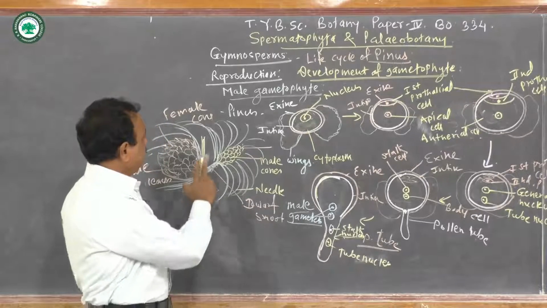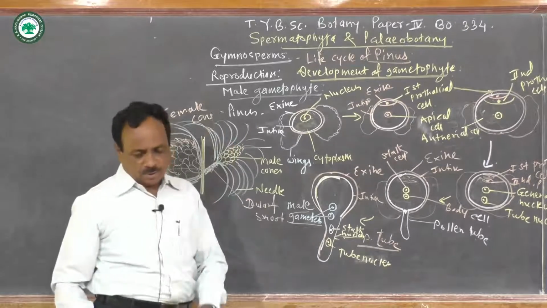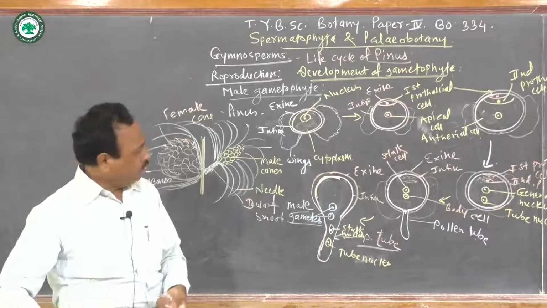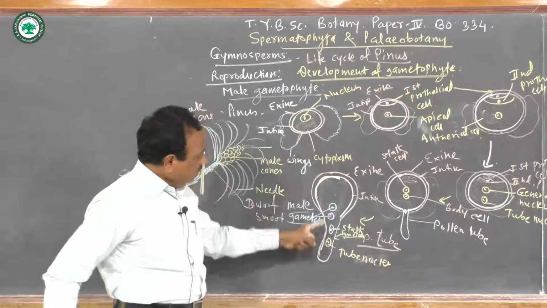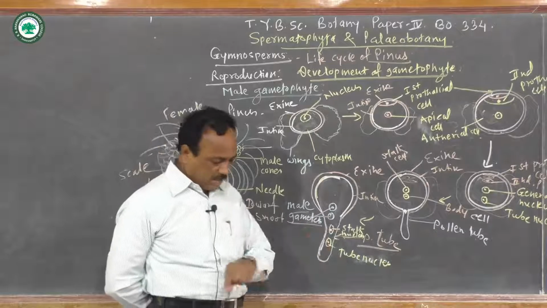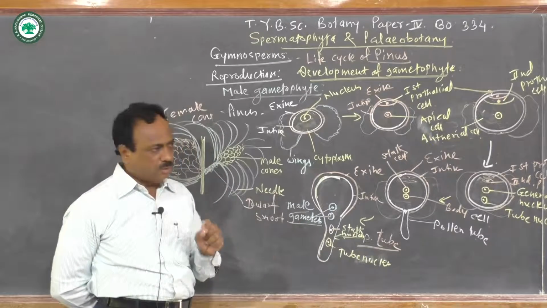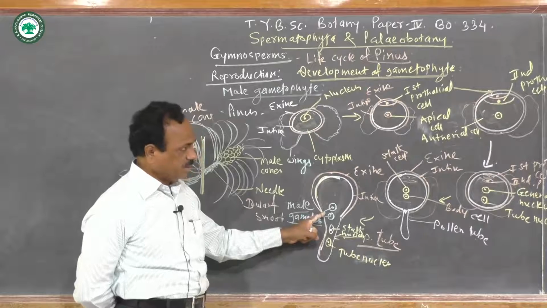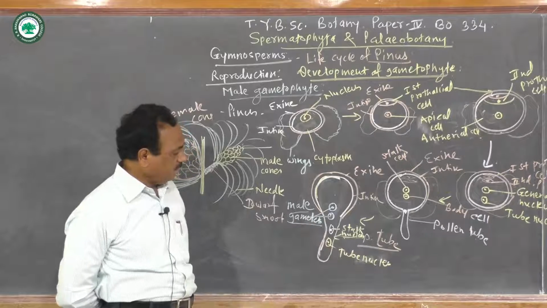So from the single microspore or pollen grain, two male gametes are developed, and these two male gametes are known as sperms. They may be treated as sperms or male gametes.